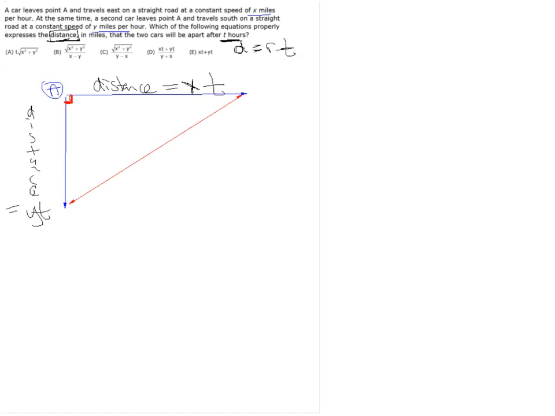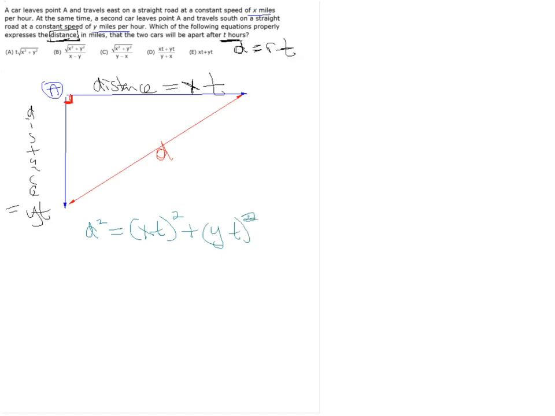And if we let D be this unknown distance, and this is where I want you to pay careful attention, we can write an equation. We can say D squared, the hypotenuse squared, is equal to the length of one side squared plus the length of the other side squared.